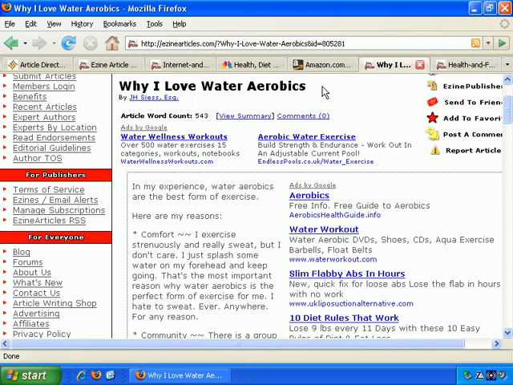Anyway, if this was 7 ways water aerobics rapidly improves health, you could have a list. The first way water aerobics improves health, then the second way, and the third way, and fourth way, and so on. If it's numbered, people are likely to read to the end because, as I said, it's easy to read, and people want to see the entire list.